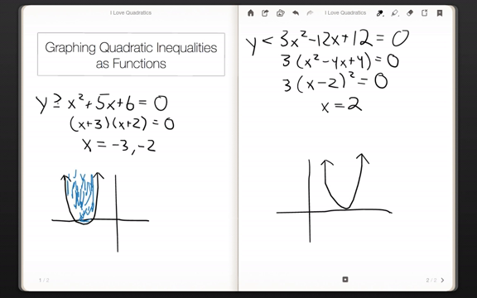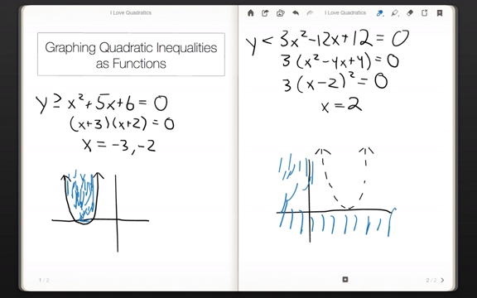In the previous inequality, it included the line because the shaded area could be greater than or equal to the line. But because it does not include the line, we want to draw the parabola as a dotted line to show that the line of the graph itself is not included in the inequality. It has to be less than the graph. And then this whole area out here surrounding the graph is less than the expression.